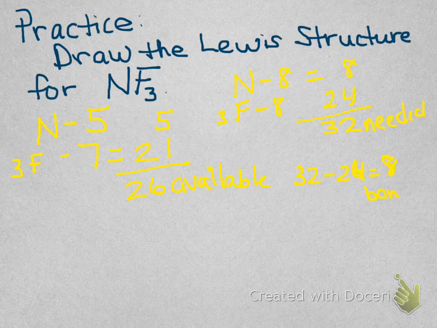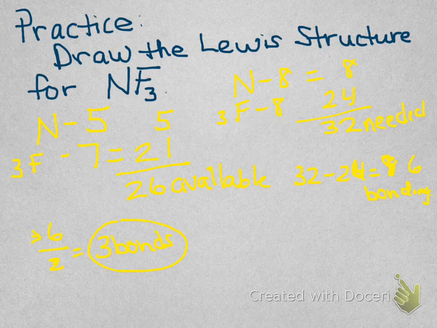Sorry. So 32 minus 26 is 6 bonding electrons. So that is going to be equal to 6 divided by 2, which is 3 bonds, because we want to take the number of bonding electrons and divide it by 2. That tells us we need 3 bonds.